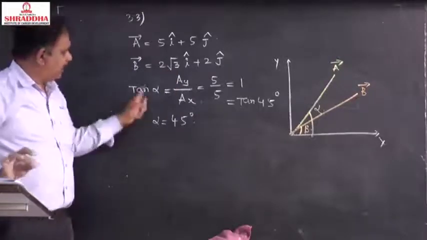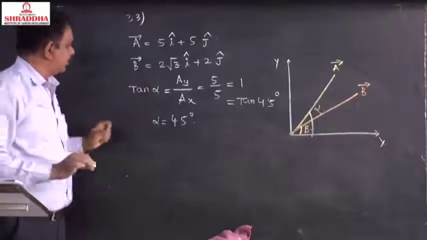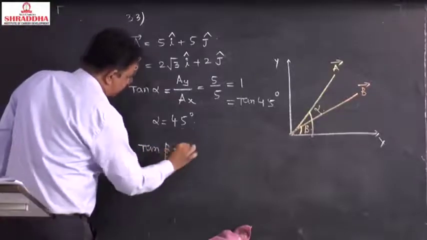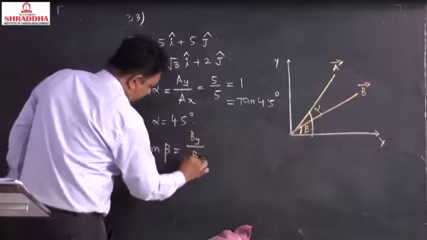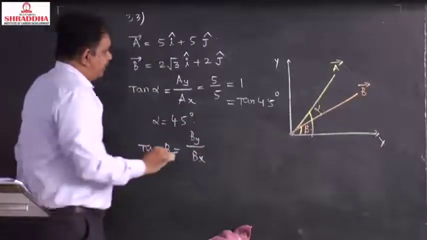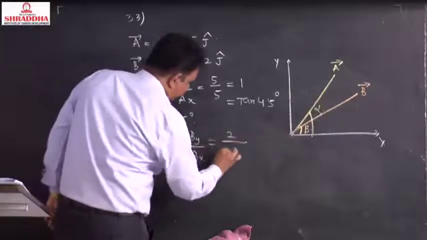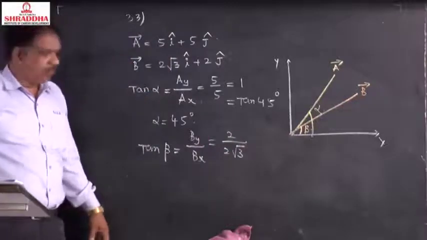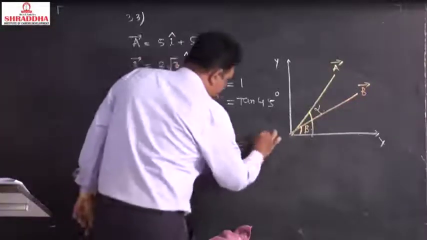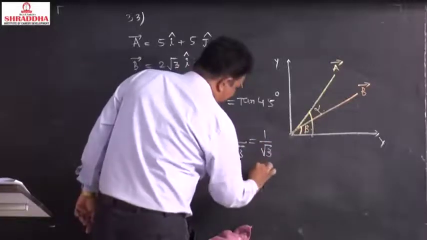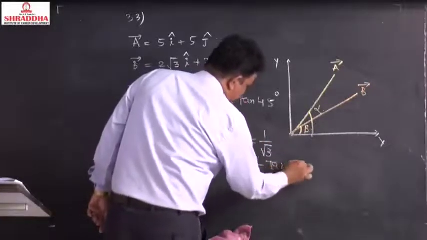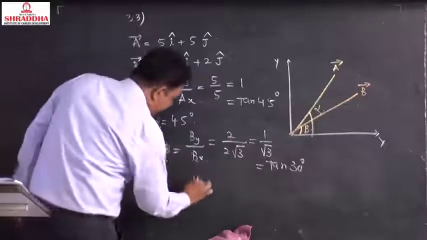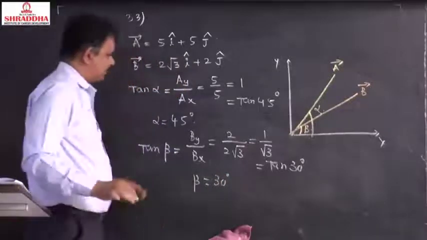Clear? Here the beta value we will get next: tan beta is BY by BX. BY value will be 2, BX value will be 2 root 3. This is equal to 1 by root 3. This is equal to 30 degrees. Beta is equal to 30 degrees.